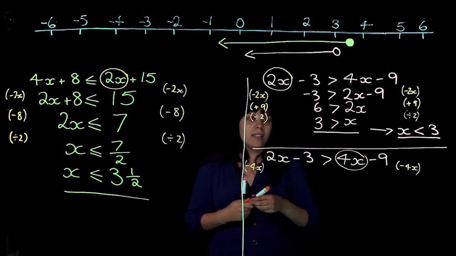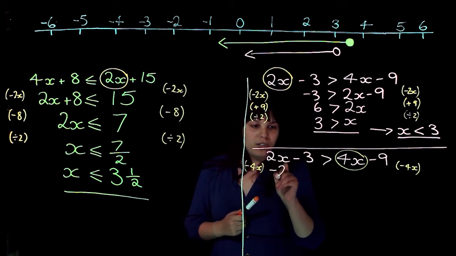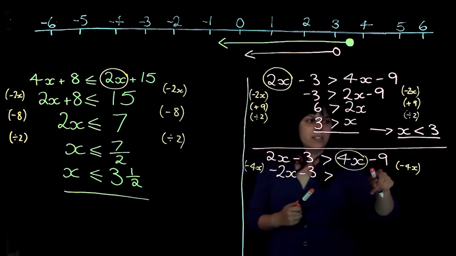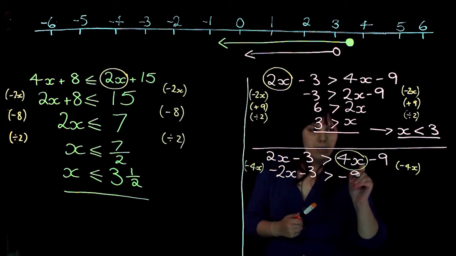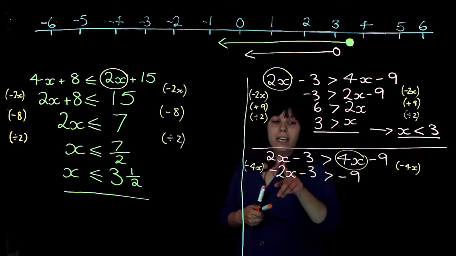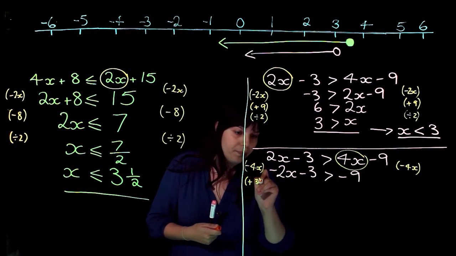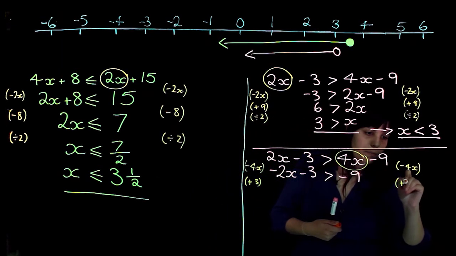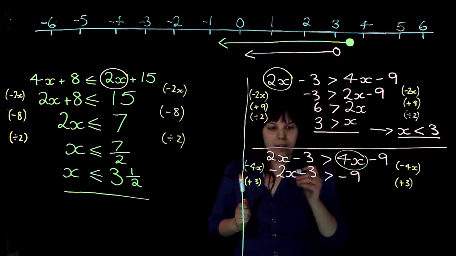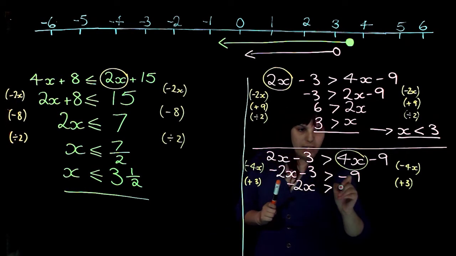So 2x minus 3 minus 4x is going to be minus 2x minus 3, which is bigger than 4x minus 9 minus 4x is just going to be minus 9. So now what I'm going to do is get rid of my minus 3, so that's just going to be adding 3. So if I add 3 to both sides, then I'm left with minus 2x on this side. And minus 9 plus 3 is minus 6.